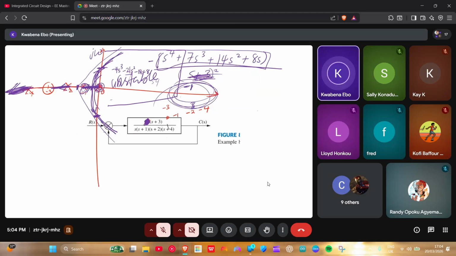For that, you have to find the whole transfer function and then do a Routh-Hurwitz criterion. The values of k that you get, you find the omega values that correspond to that.